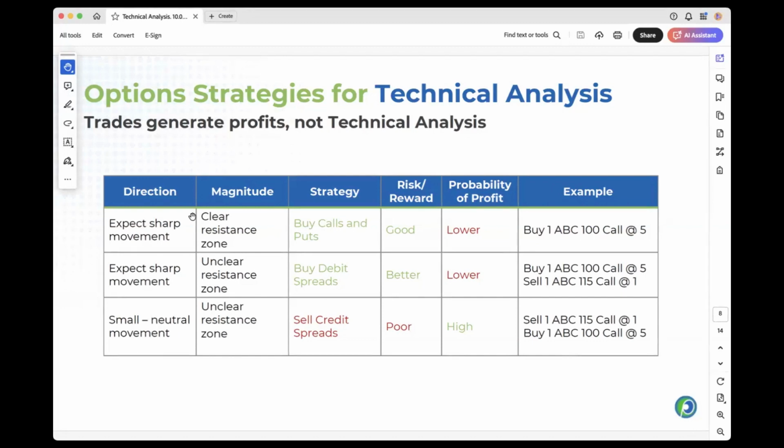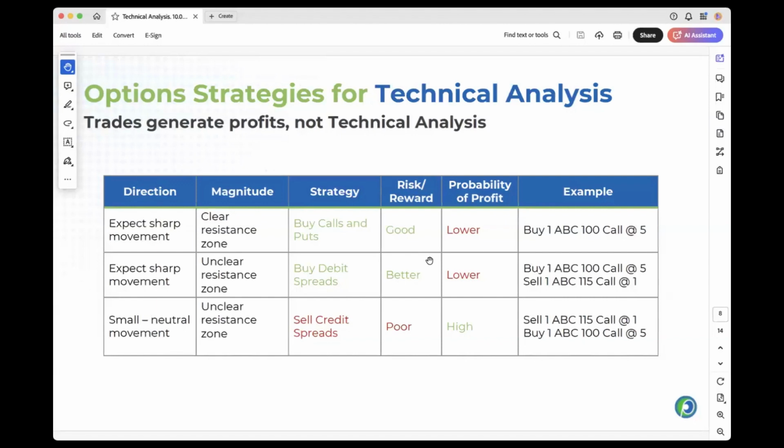So if you are expecting sharp movement, you have a clear resistance zone. This is your magnitude and the types of trades that you can layer on. When we are talking about option strategies, we look at risk versus reward, and we look at probability of profit. Probability of profit is higher for options that you sell because you don't need a sharp movement in order to be profitable.